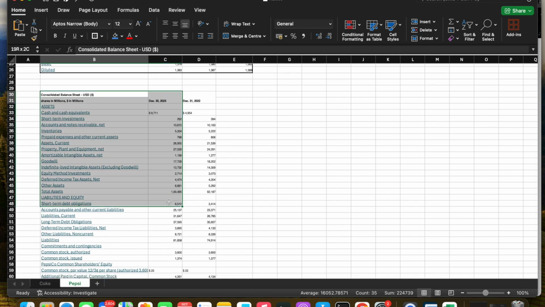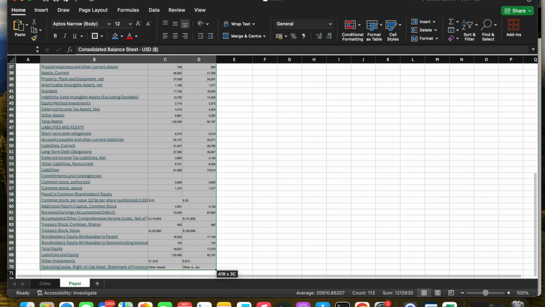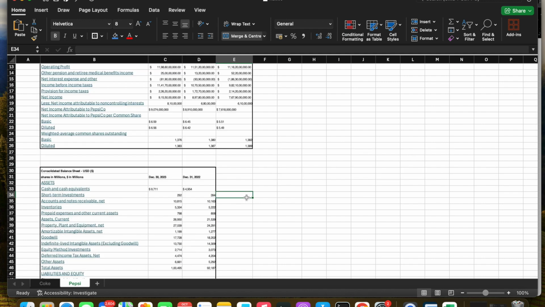Now I'm going to jump onto the balance sheet. Here you can see the balance sheet, everything here is given in millions. So let me sort out the data first. I made the box here, now color it as well.